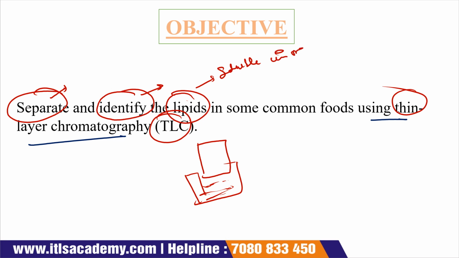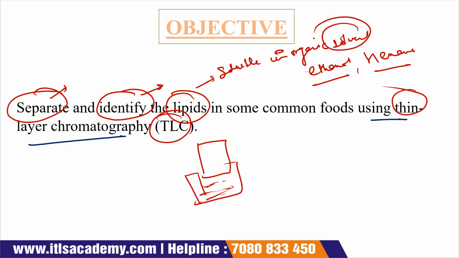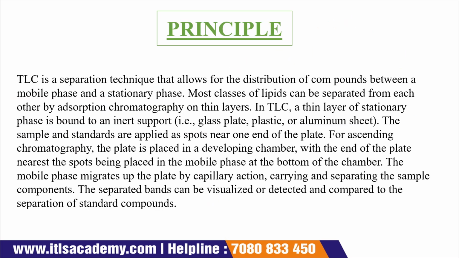So we use either ethanol or hexane, depending upon the type of lipid that we want to separate. We take a solvent, keep this slide in the solvent and wait for a day, and due to capillary action, the lipids present in the food products are separated. Now the next one is the principle.